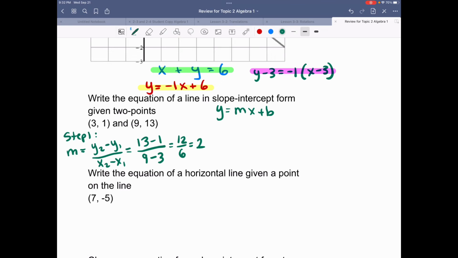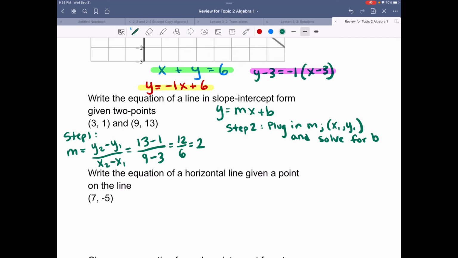Now I know my slope, but what I don't know is my y-intercept. So step 2 is we plug in m and our x1, y1 to solve for b. All right.